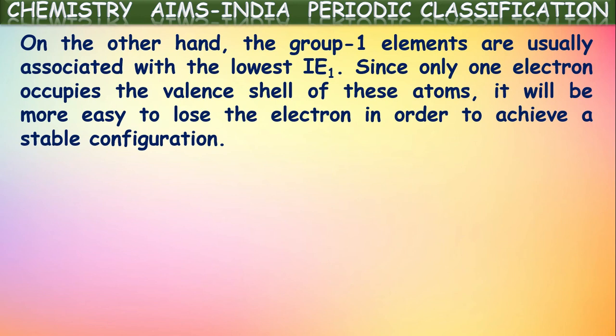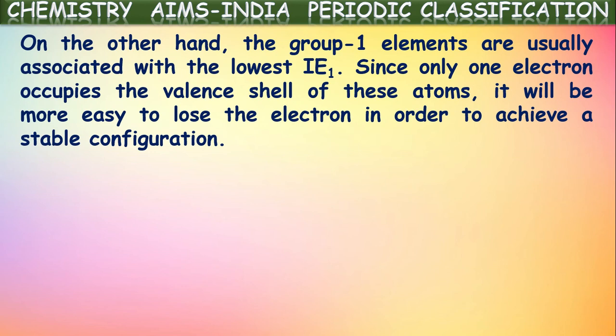Whereas if you see the extreme left side elements, they are alkali metals or group 1A elements. They are the elements which have the greatest size in a period. As they have the greater size, the distance from the nucleus to the outermost orbital will be greater, and hence the removal of an electron becomes very easy from those atoms. By the supply of a minimum amount of energy only, they release electrons.